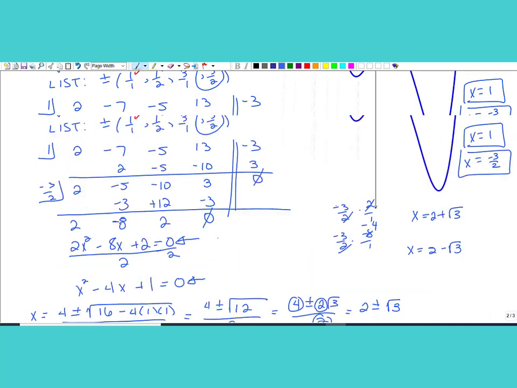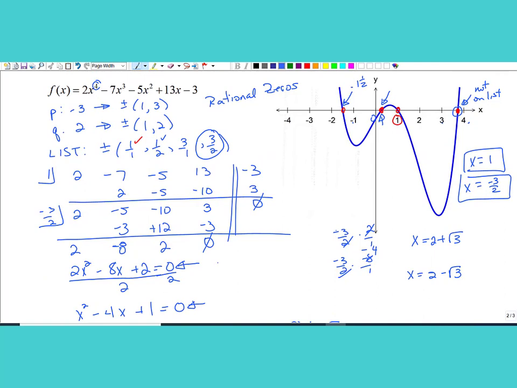I'm just going to pick up a calculator and punch that in just to compare it to my graph. This is approximately 3.7. That looks pretty good for that one. And this is approximately 0.3. And that looks pretty good for that one.